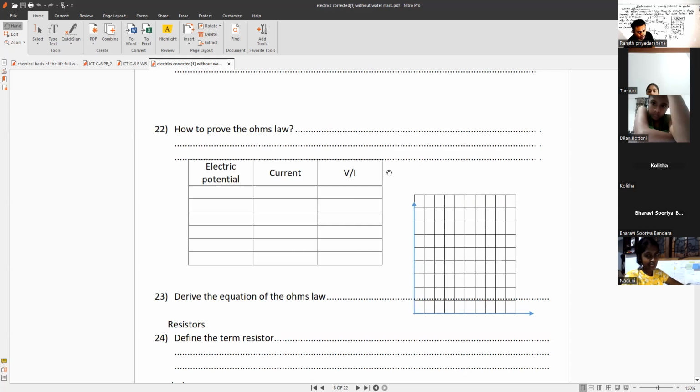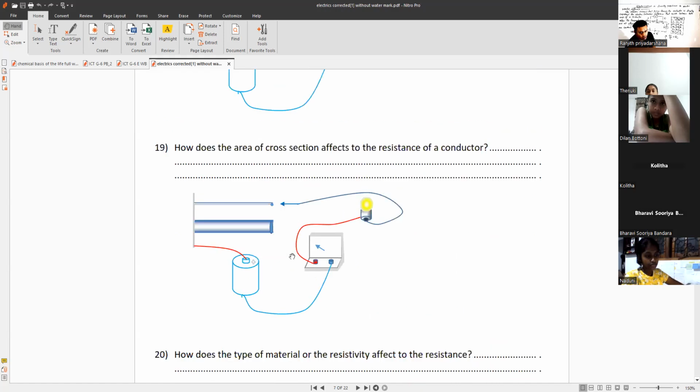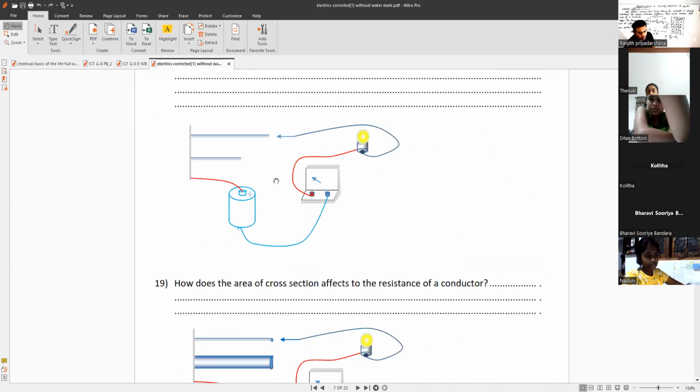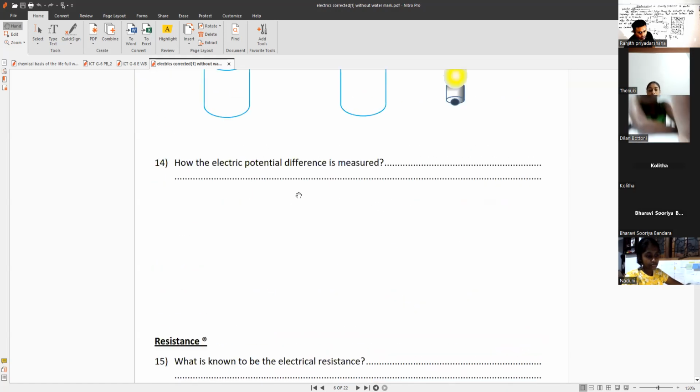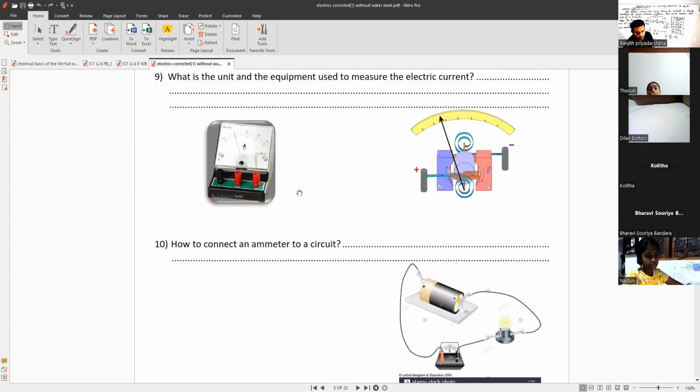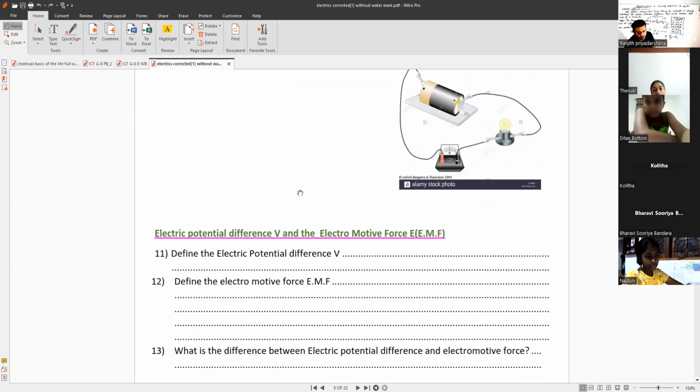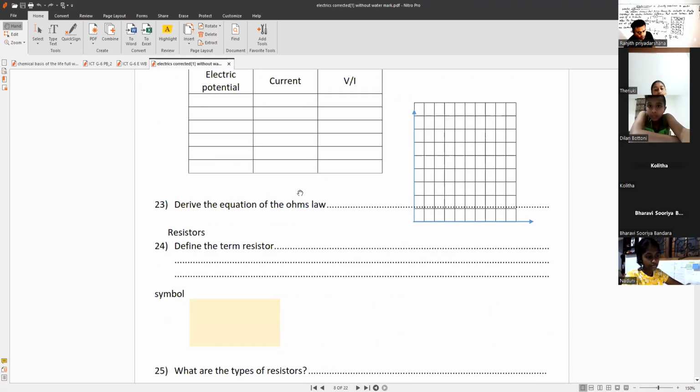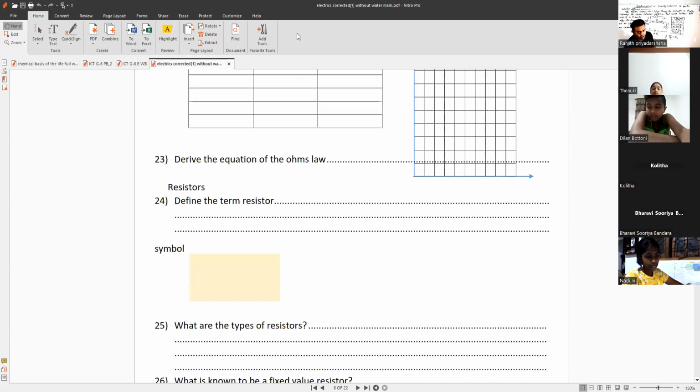What happens to the electric current when increasing the electric potential difference? So we have to plot this graph. And what are the factors affecting this resistance? Other factors, and it has been given here. Right? Okay, let's start to plot that graph, VI graph.